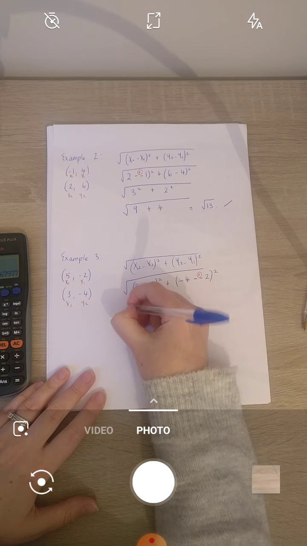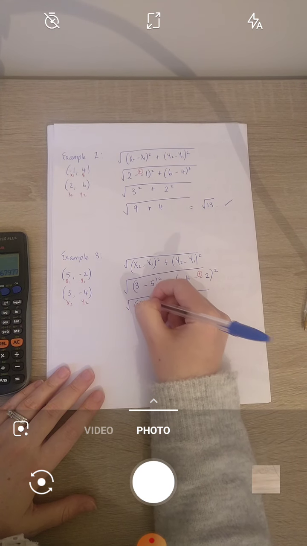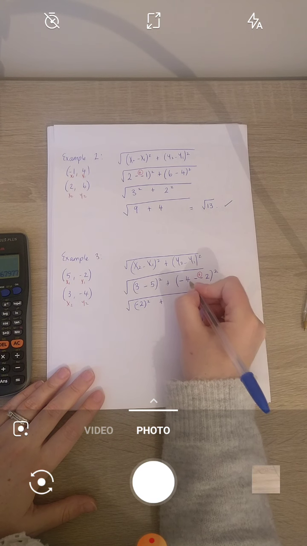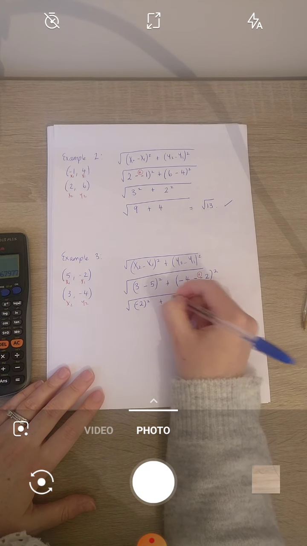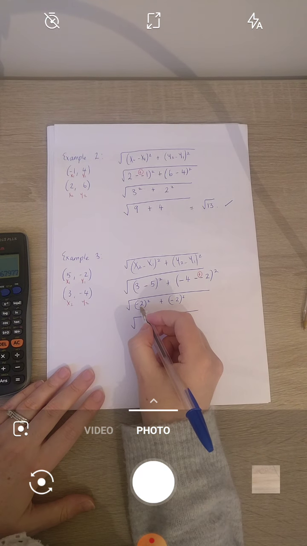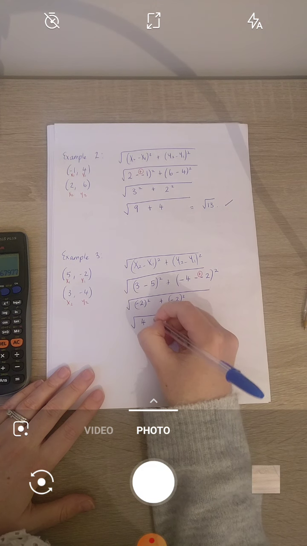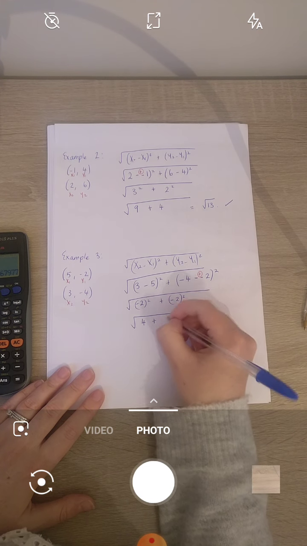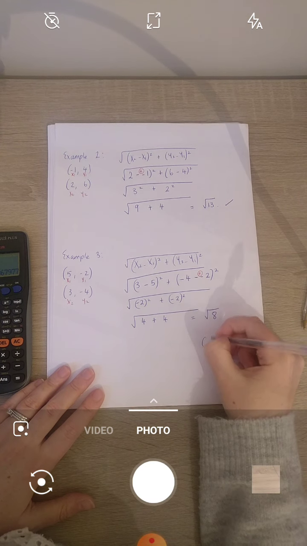So we just need to be careful of that. 3 minus 5 is minus 2 squared, plus minus 4 plus 2 is minus 2 squared. Minus 2 by minus 2 is plus 4, plus minus 2 by minus 2 again is plus 4. So we have the square root of 8.